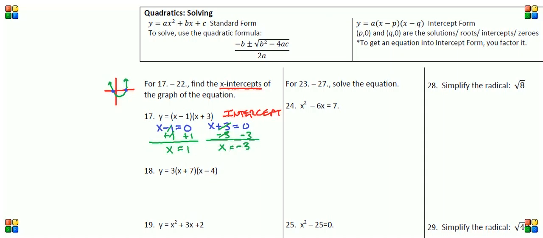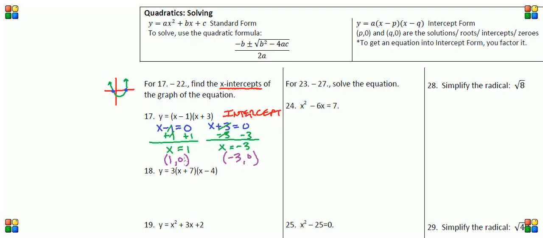So our final answer could be x equals 1 and x equals negative 3, or more likely on a test, you'll see these written as coordinates. This would be the coordinate (1, 0), because we know the y value has to be 0. And this is going to be the coordinate (negative 3, 0).